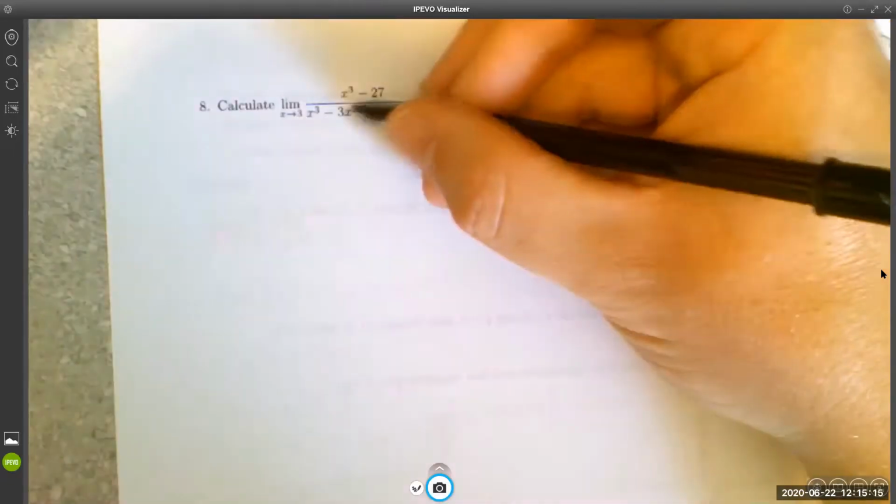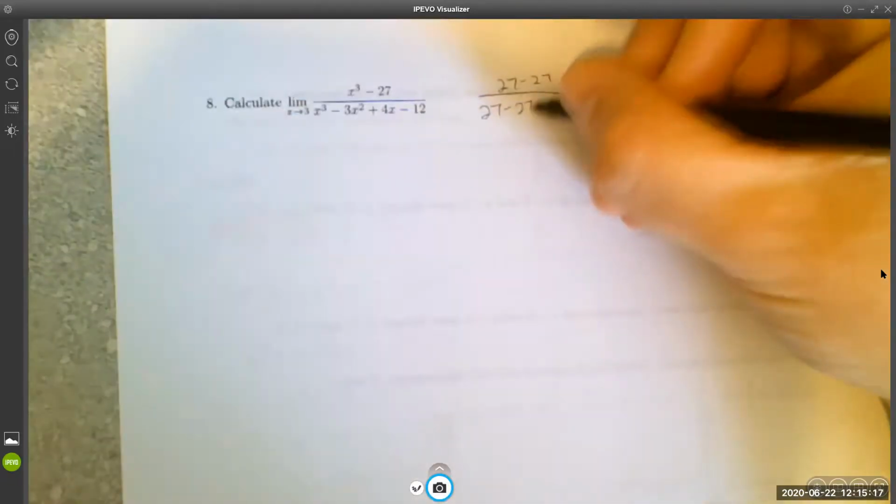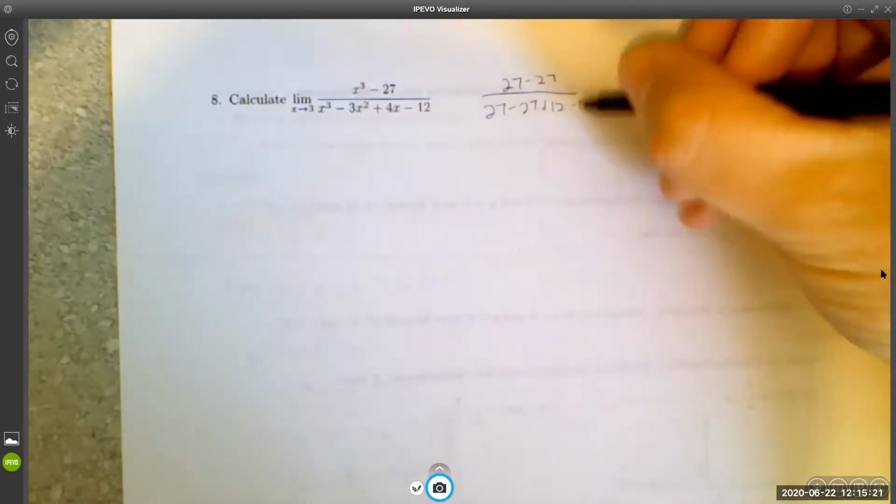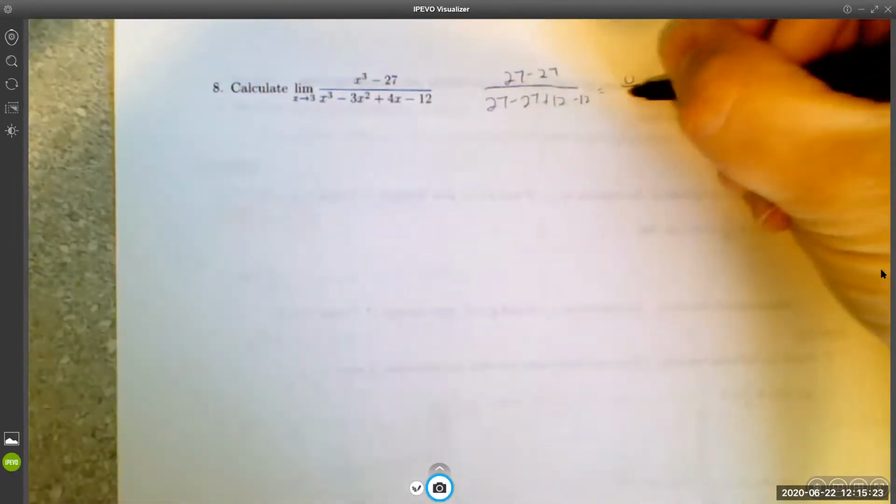If we plug in 3 in the way that it's written now, so if we plug in 3 times 3 is 9, times 3 is 27, we get 27 minus 27 over 27 minus, well, 9 times 3 is 27, plus 12 minus 12, we get 0 over 0, right?